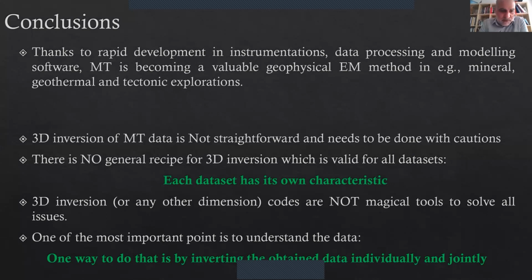The answer is no. Each data set has its own characteristics, and you need to think about strategies and procedures on how to run the 3D inversion, how to interpret your data, and how to make a better conclusion on the data set.